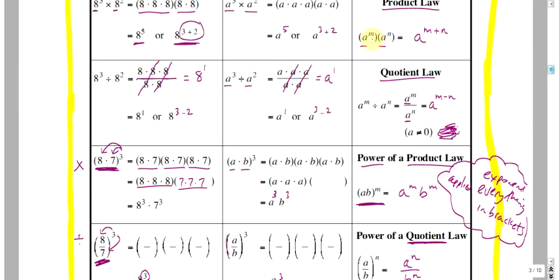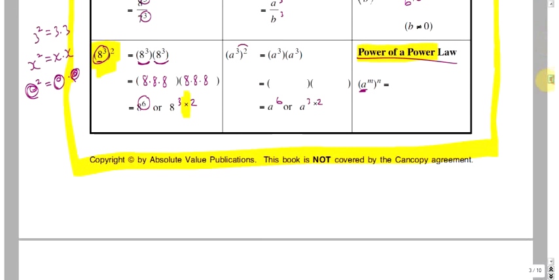It is not A to the M times A to the N. There's a base times a base. If you multiply with the same base, you add the exponents. There's no second base here. It's just A. So you don't add, you multiply. Okay? Everyone likes to confuse those two. It's a power of a power. There's only 1 base.